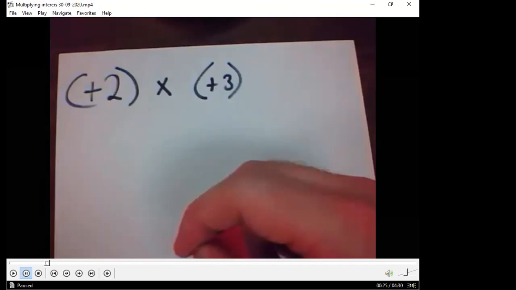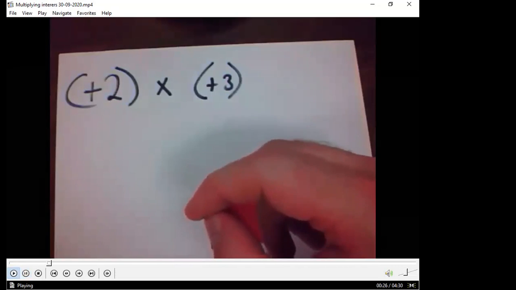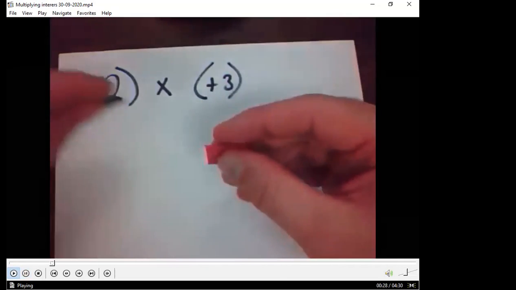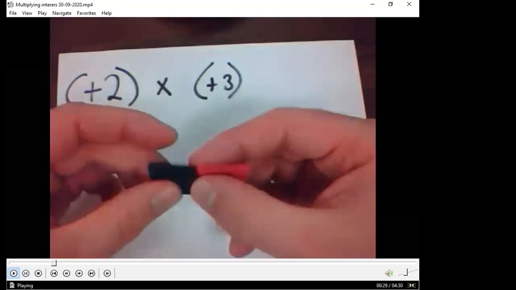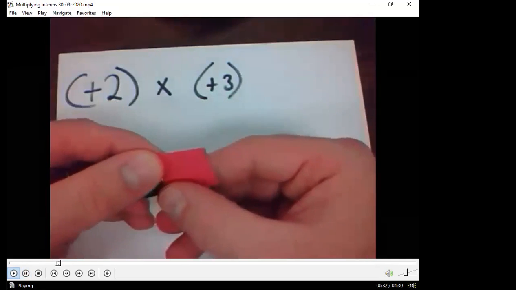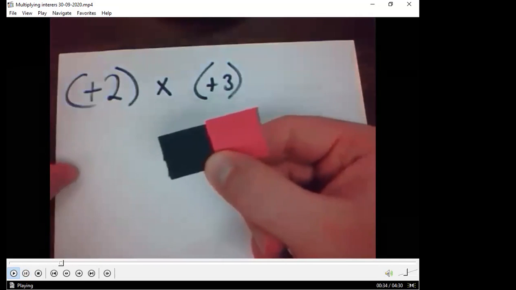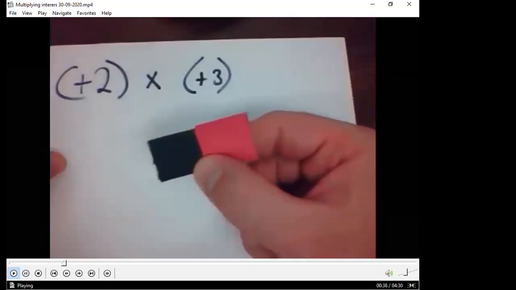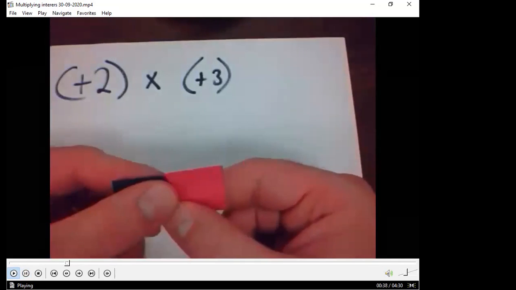Now I have positive 2 multiplied by positive 3. As I told you, we will translate this one into words. So we determine that we have positive and negative. If I add positive and negative together, it will give us how many?